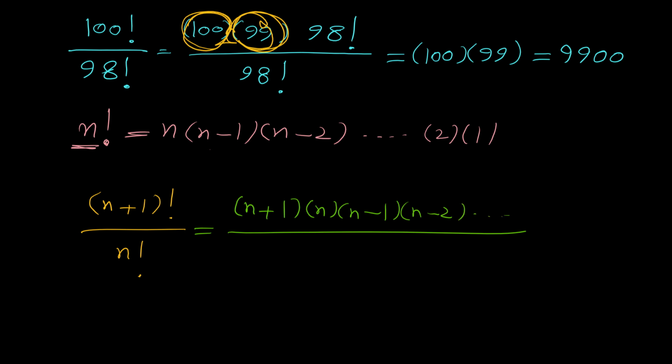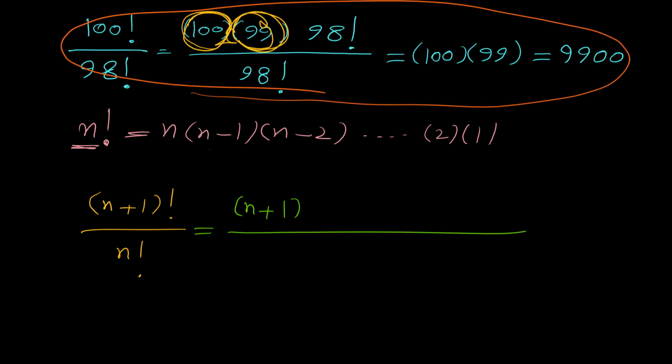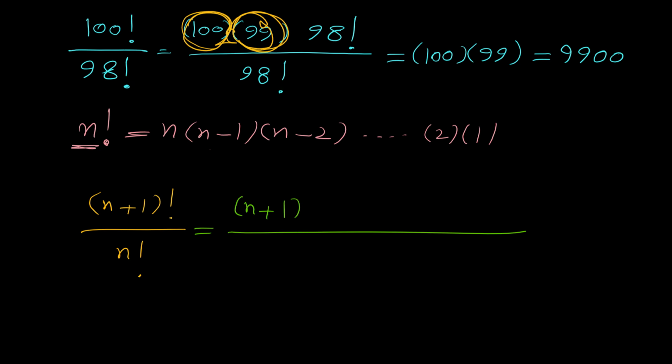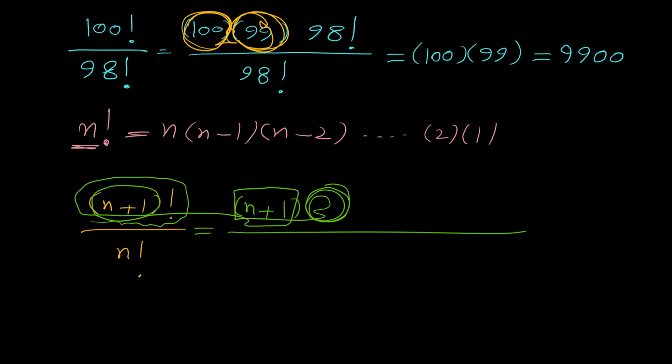But again, similar to the example which I explained here, I'm not going to write all the terms in the numerator. Instead, when I start from this value, I know that after that I have to write n, then n minus 1, then n minus 2, and so on.